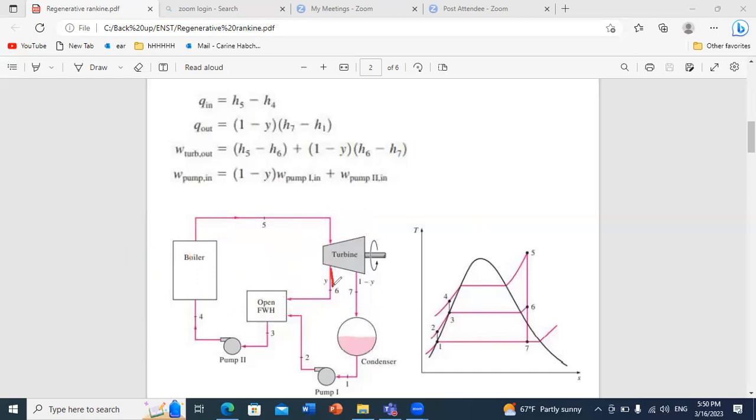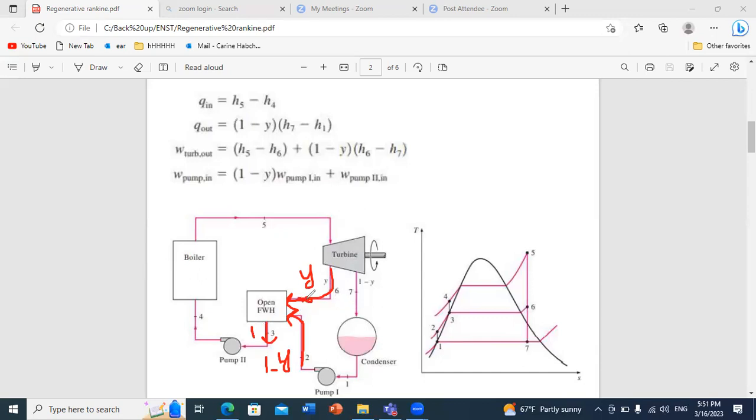What is the mass flow rate coming from the turbine? We called it Y. And the mass flow rate coming from the pump is 1 minus Y. The exit flux will be the summation of these two, Y plus 1 minus Y, which equals 1. So if I want to write the energy equation, I say m dot of this inlet.